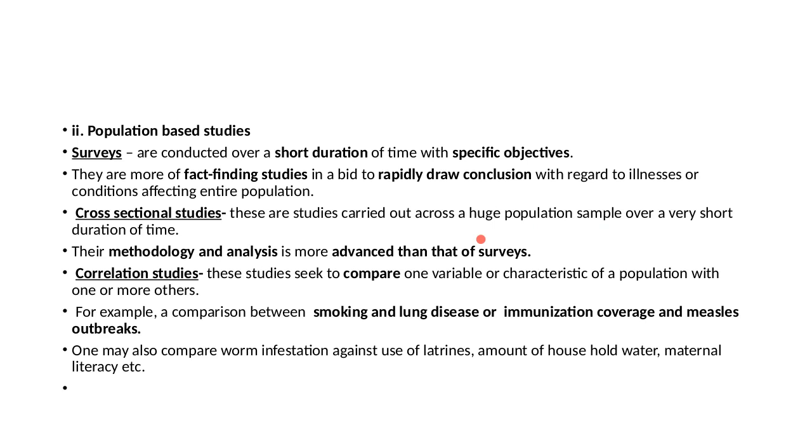Their methodology and analysis is more advanced than that of the survey. So for cross-sectional studies, we have more or deeper analysis and more complicated methodology that are advanced as compared to survey.